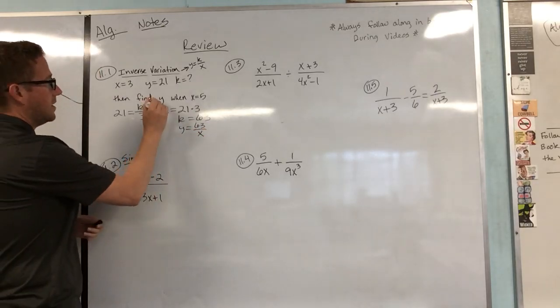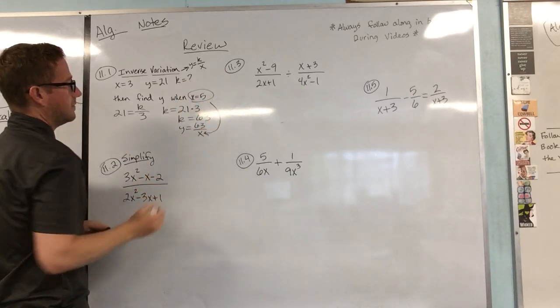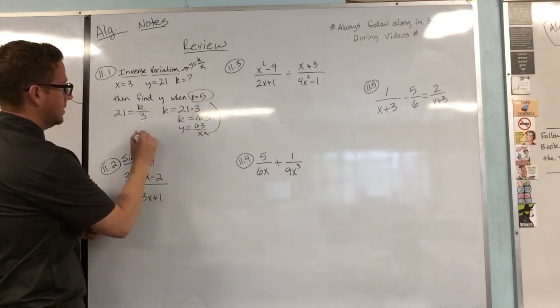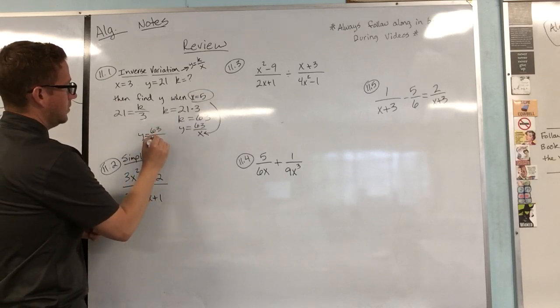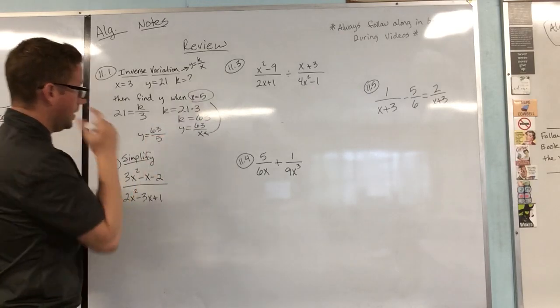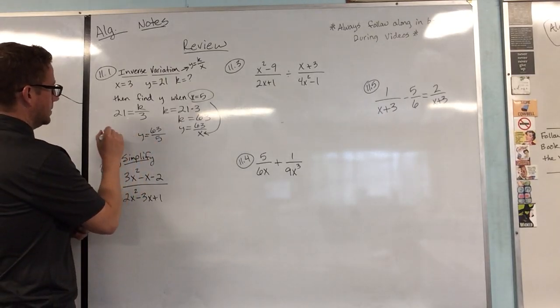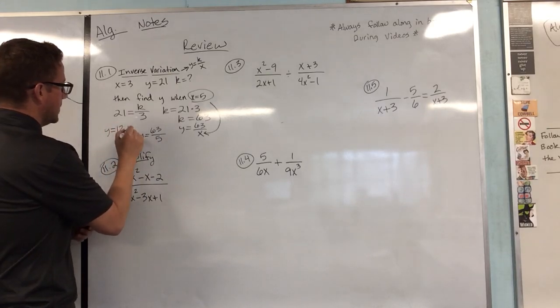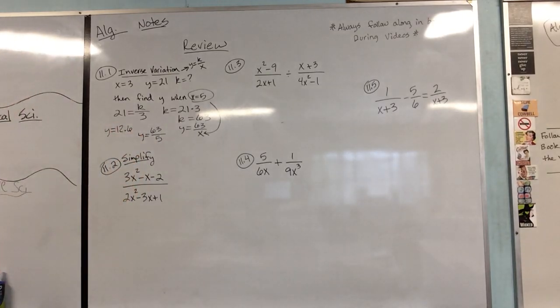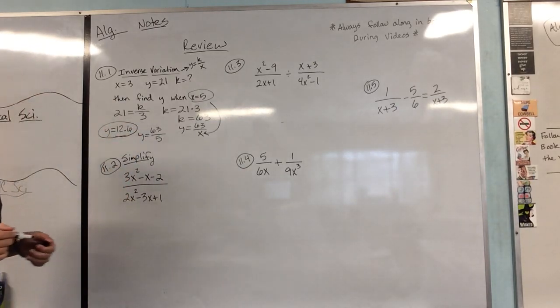And they're going to say find y when x is 5. So plug that 5 right in there for the x. So now you're looking at y equals 63 over 5. And you're going to want to reduce that down, do the division, and you're going to get y equals 12.6, I believe. I want to make sure my calculation's right. That's good. It is 12.6.